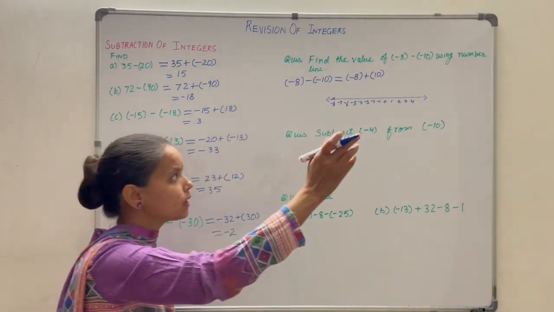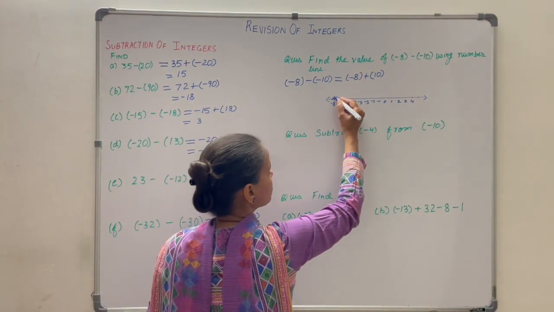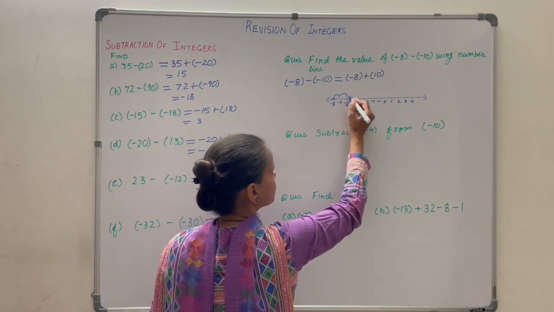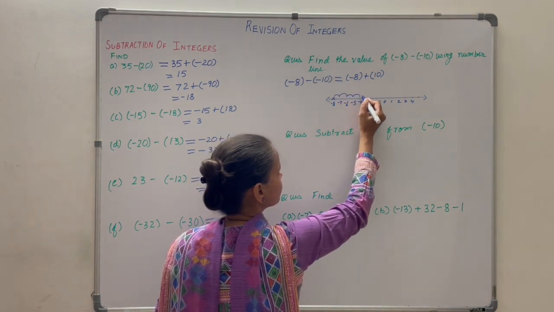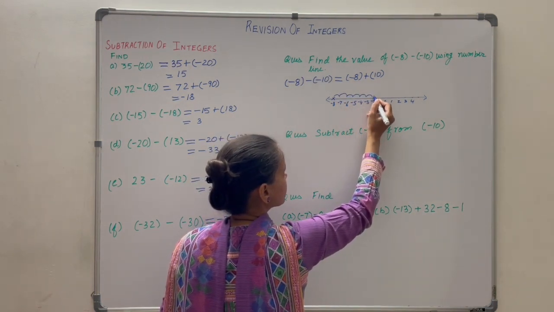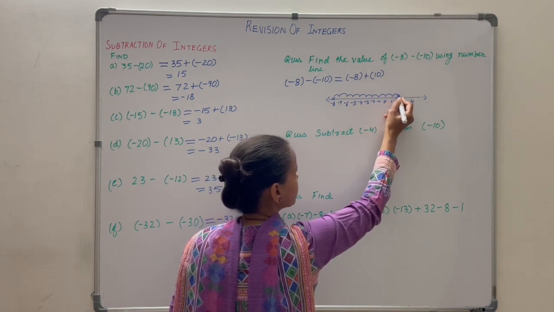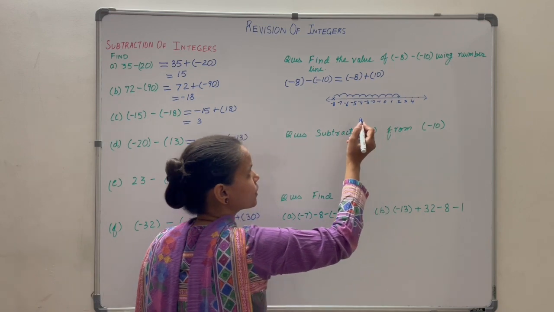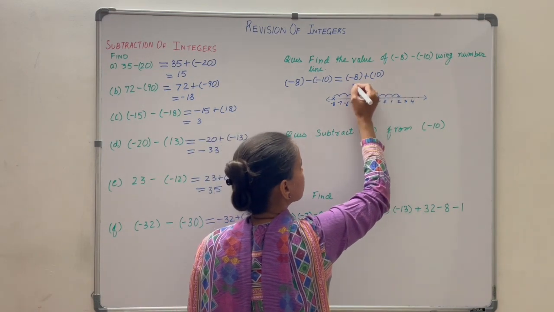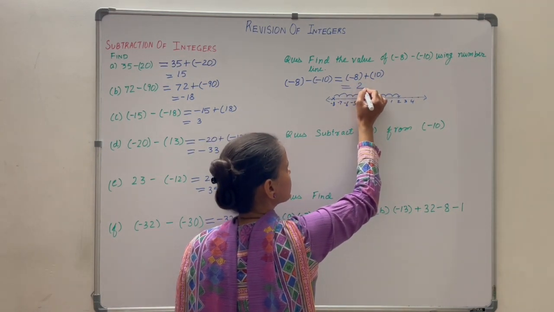So you need to move towards the right side. How much? 10. 1, 2, 3, 4, 5, 6, 7, 8, 9, 10. So where did you reach? 2. So the answer here is 2.